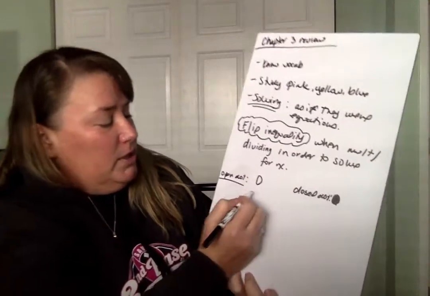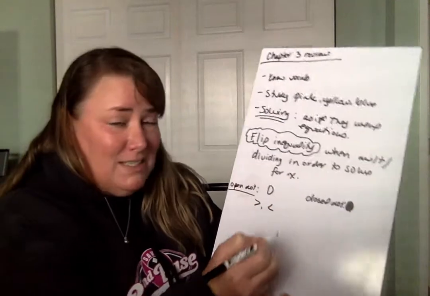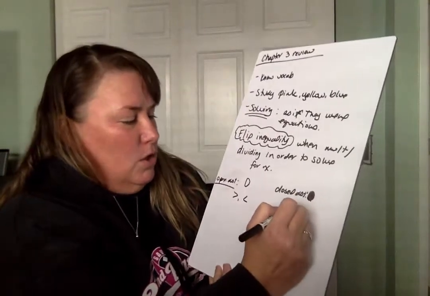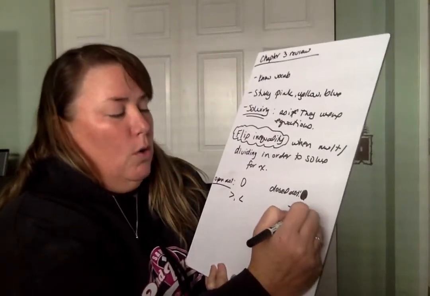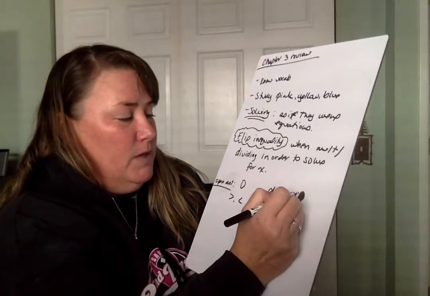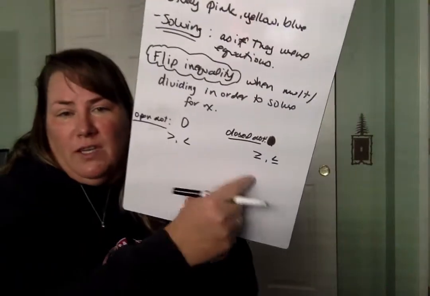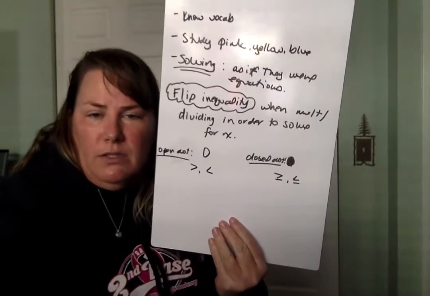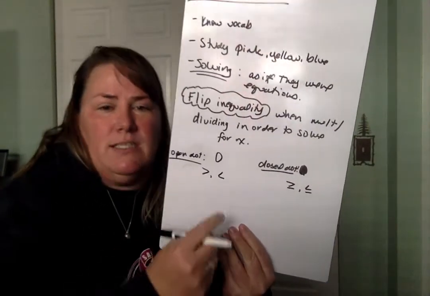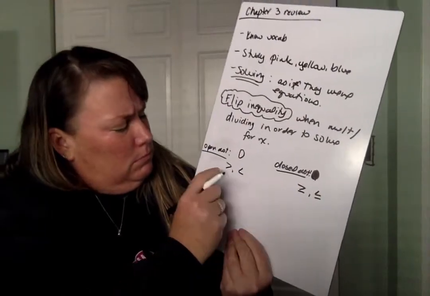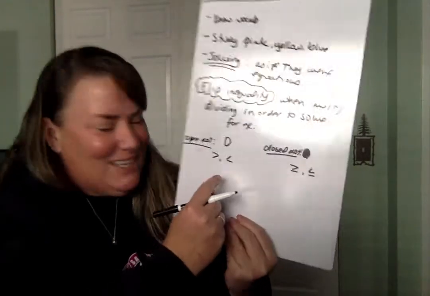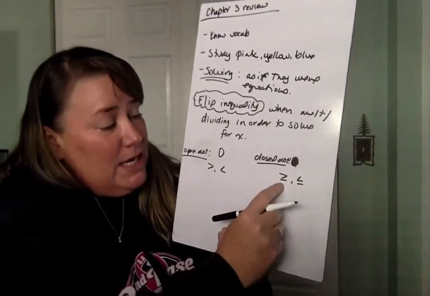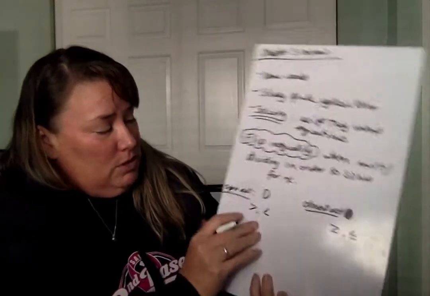And so open dot is going to be greater than or less than. And then closed dot is greater than or equal to, or is less than or equal to. And guys, on this, don't forget your is's. Is greater than, is less than, is greater than or equal to, is less than or equal to.